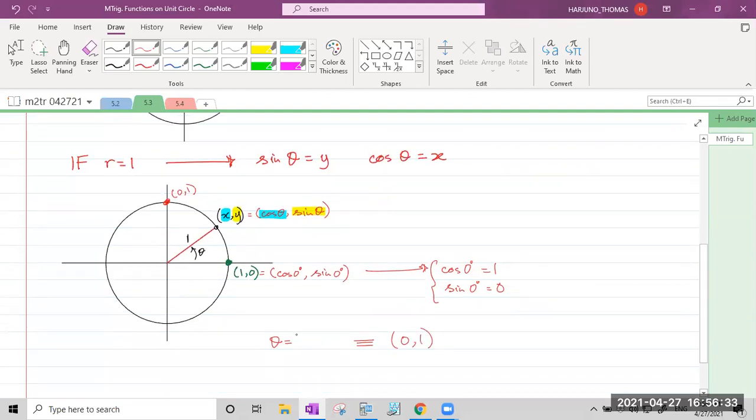The angle is 90 degrees. In radians, that's pi over 2, right? So the x component is cosine pi over 2, or cosine 90 degrees, which equals 0. The y component corresponds to the sine of the central angle. That is 1.